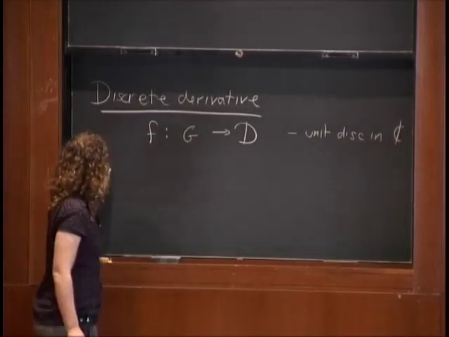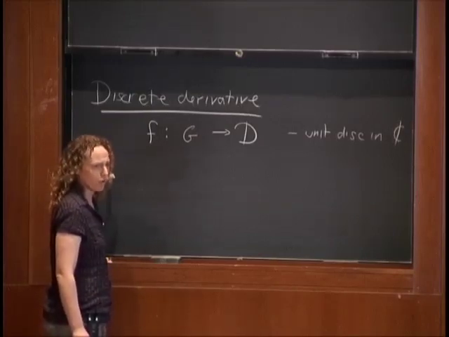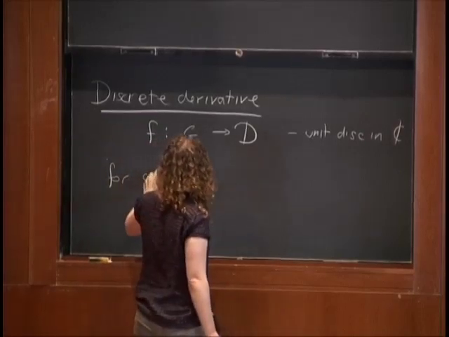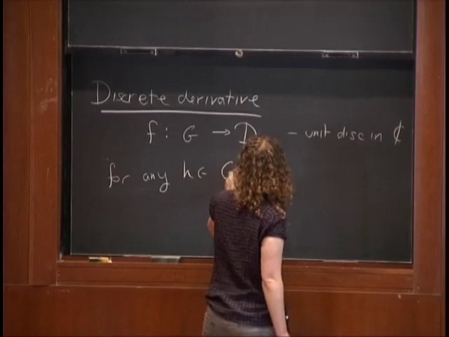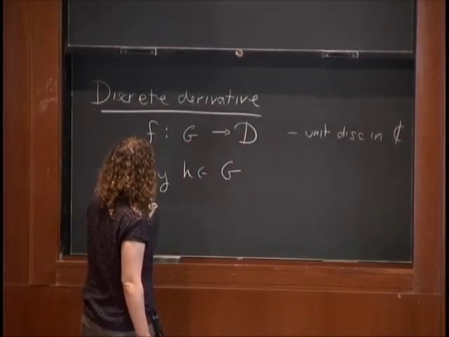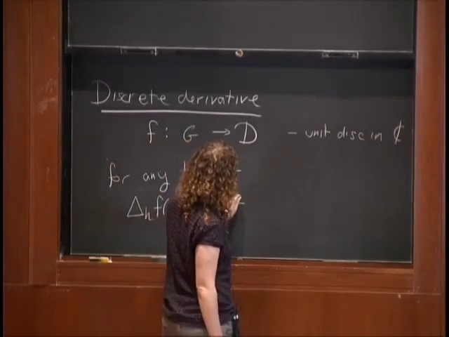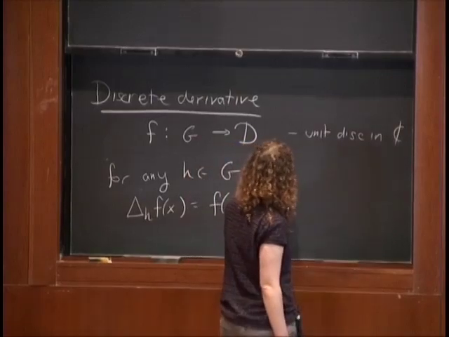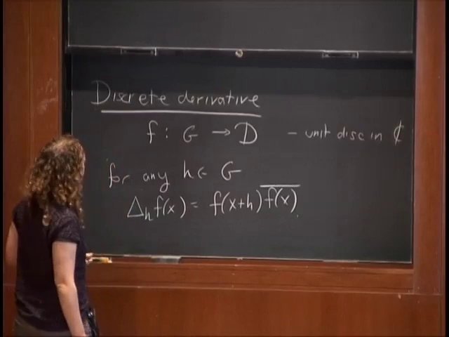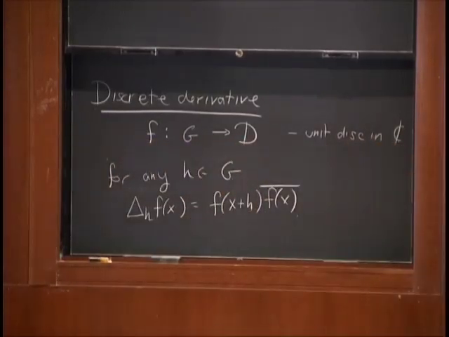Then for any h in G, we can define the derivative, or multiplicative discrete derivative in direction h. This is f of x plus h, times f of x bar.